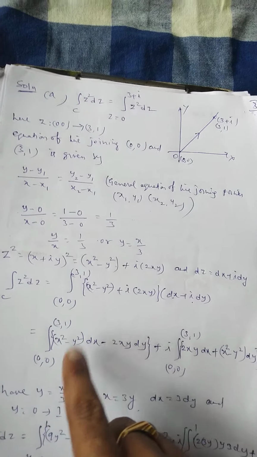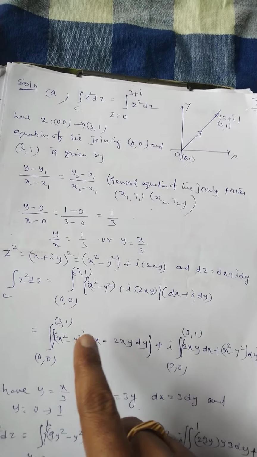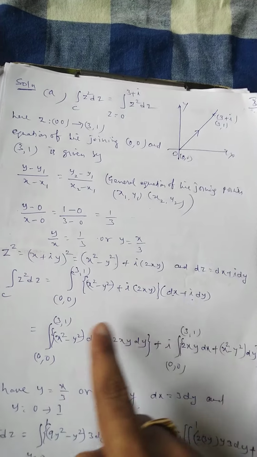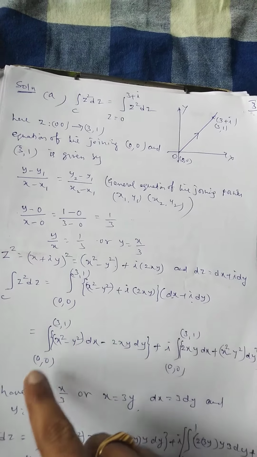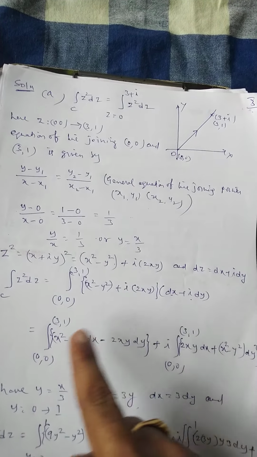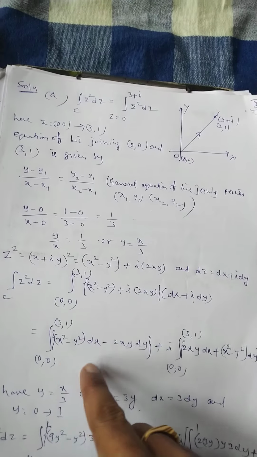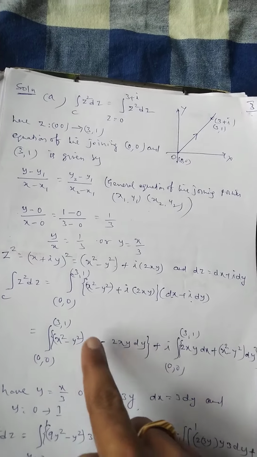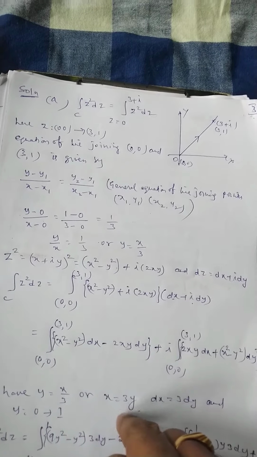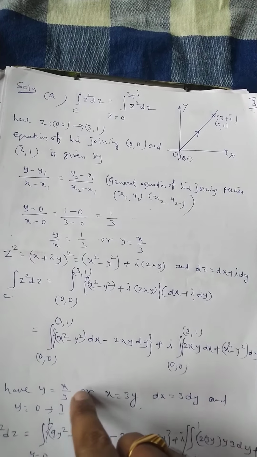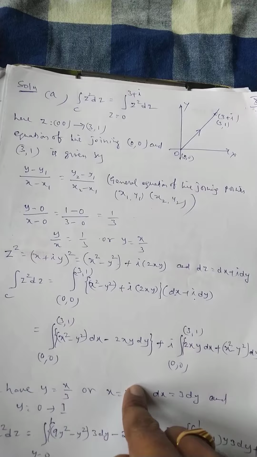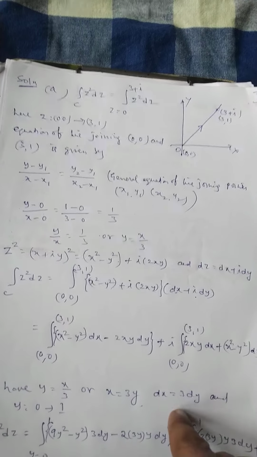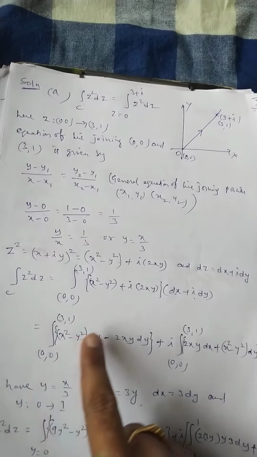That means I have to write x in terms of y: y stays as it is, and in place of x we write 3y, and dx equal to 3 dy.